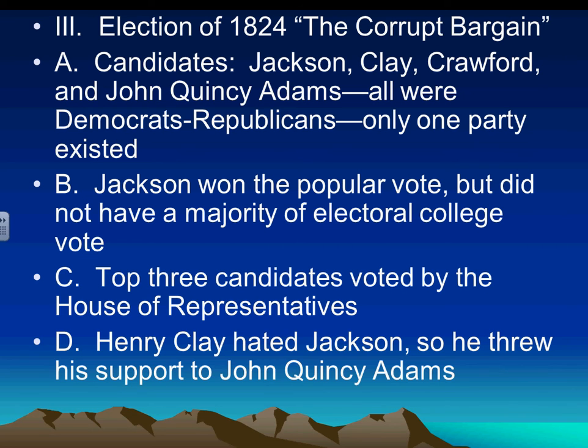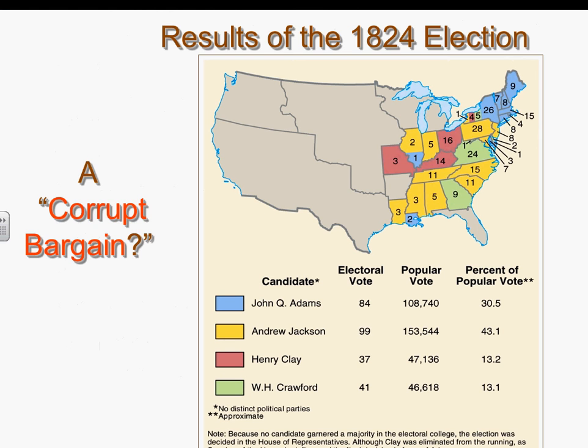So there's going to be a long feud between Henry Clay and Jackson, and because of that feud, Henry Clay is going to throw his support to John Quincy Adams. This shows the election of 1824, and you can see that John Quincy Adams won the New England area, whereas Andrew Jackson won the West and the South, Pennsylvania, New Jersey, Maryland.